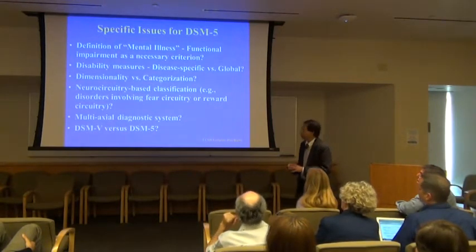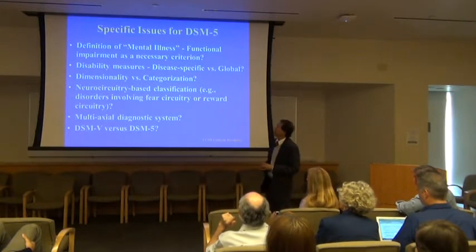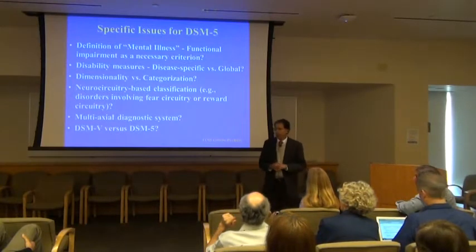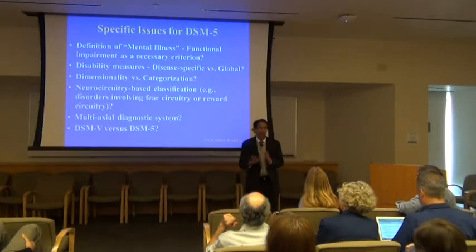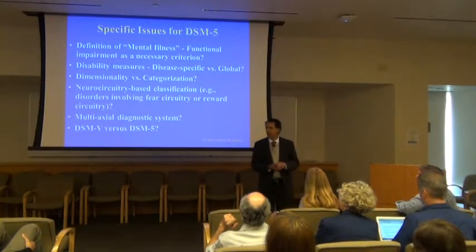The specific issues for DSM-5. First question is, should we require functional impairment as a necessary criterion? Take the example of cancer. If you find breast cancer on mammography and the person has no symptoms, would we not call it cancer? Of course we would.